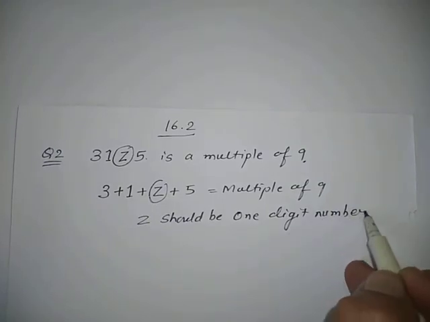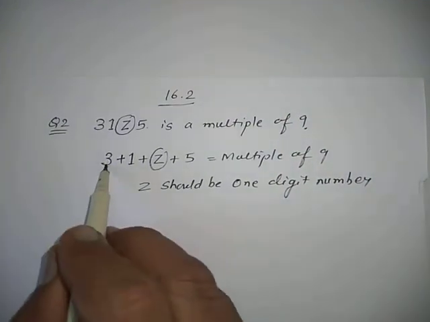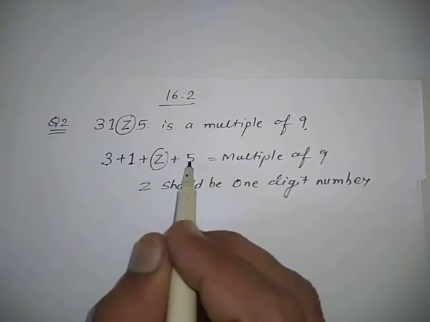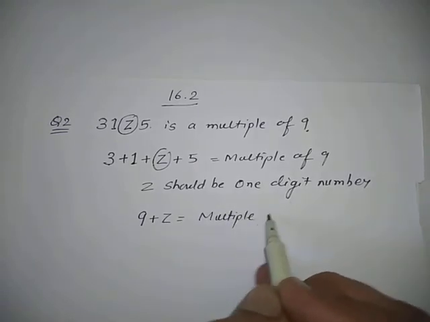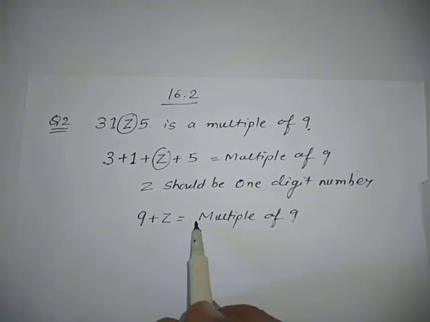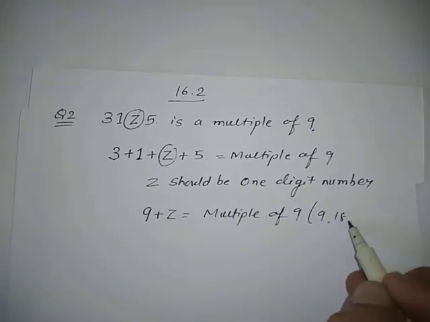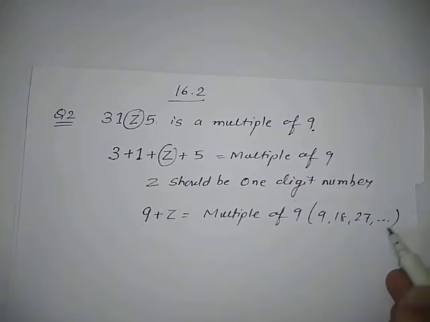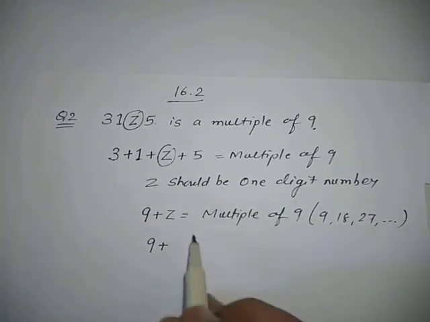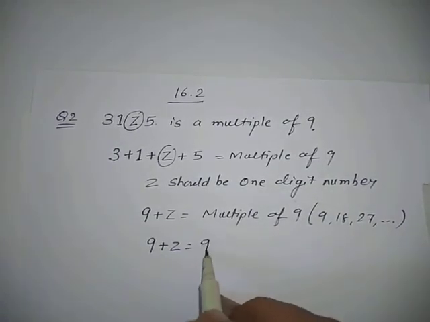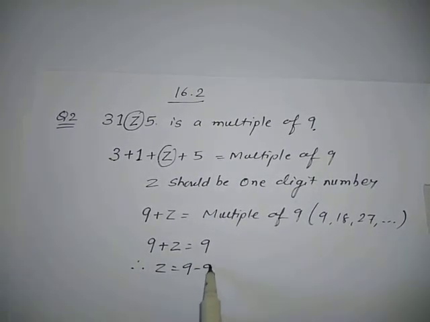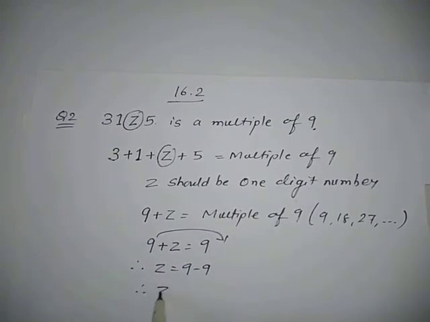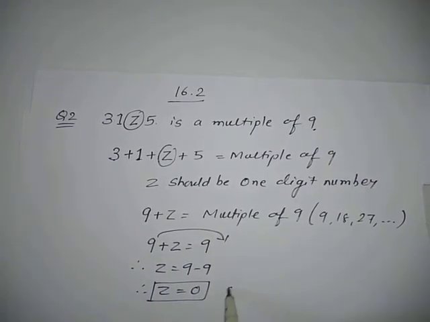Okay, so 3 plus 1 is 4, plus 5 is 9, plus z, and it can be a multiple of 9. Multiples of 9 are 9, 18, 27 and so on. So if we take the multiple of 9 starting with 9, it can be 9. Therefore the value of z is equal to 9 minus 9, and therefore z is equal to 0. It is a possibility because it is a one digit number.